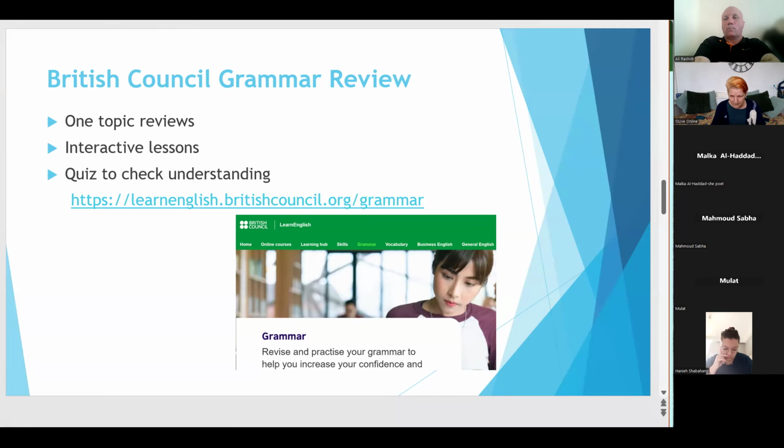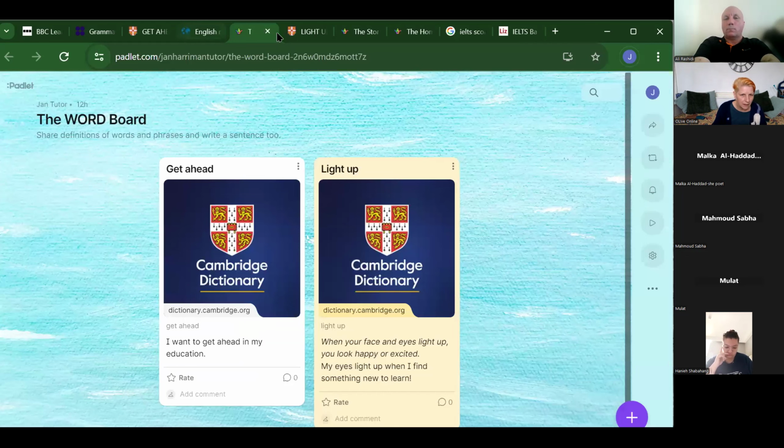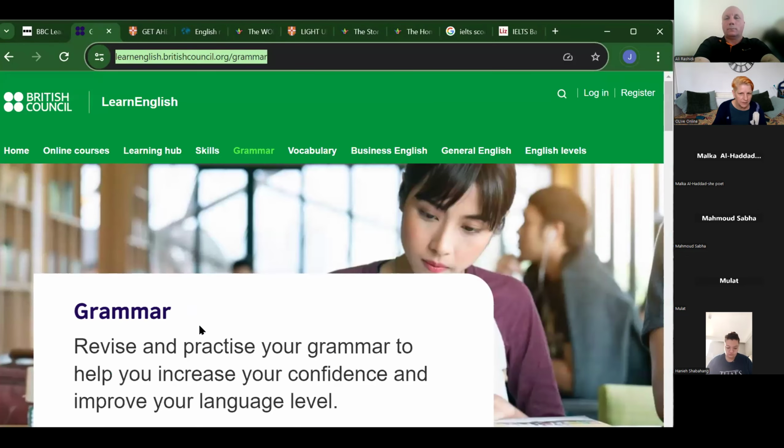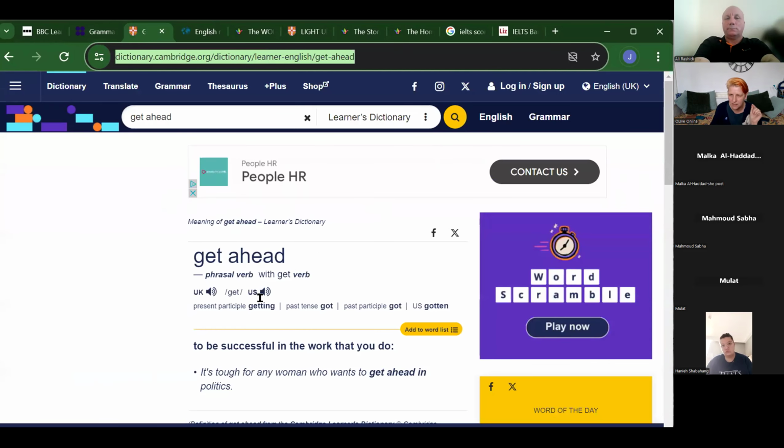There we go. So this is the British Council grammar site. Oh, yes. Okay. Yes, the Cambridge Dictionary is absolutely for idioms, and it'll have most of the common speech.